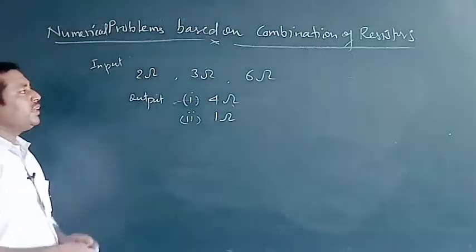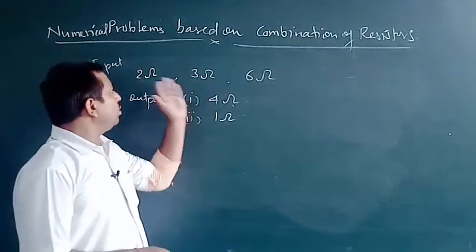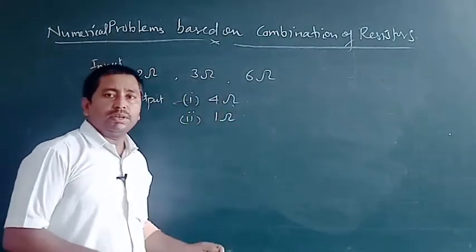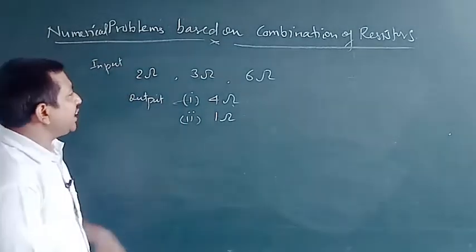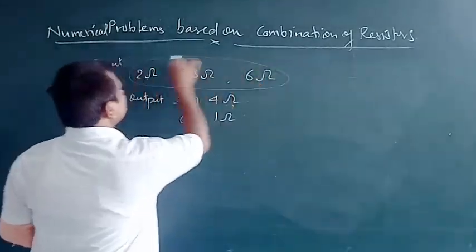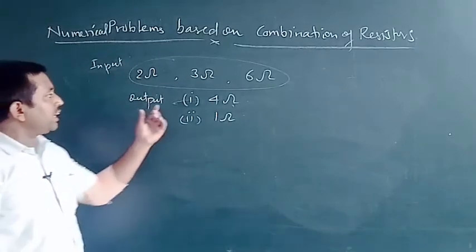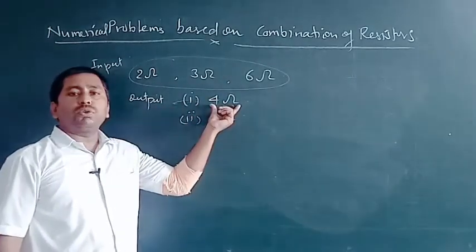How can we connect the 2 ohm, 3 ohm and 6 ohm resistors so that the equivalent becomes 4 ohm?